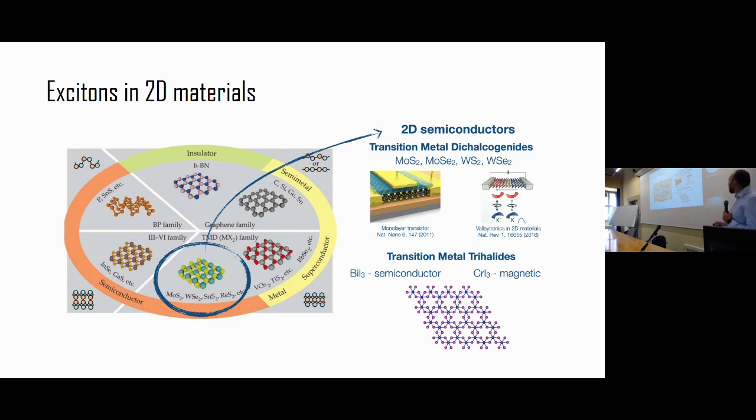In this talk, I will present work that is focused on transition metal dichalcogenides that are semiconductors with a gap around 1.8 electron volts. And I will introduce some calculations of a novel family of semiconductors and magnetic semiconductors that are the transition metal trihalides.